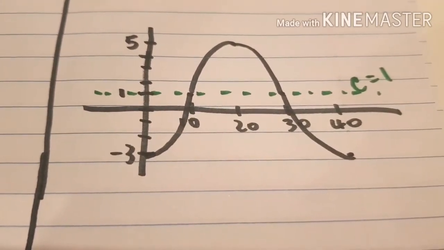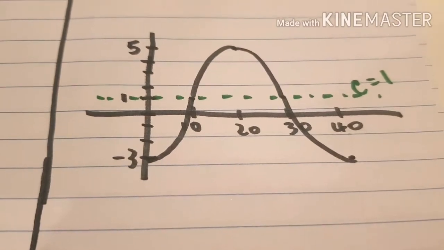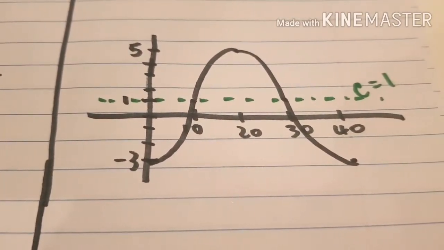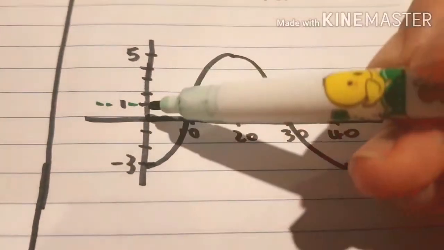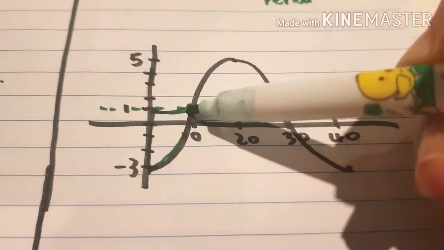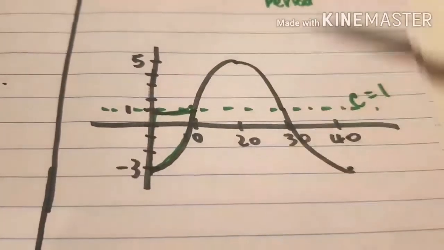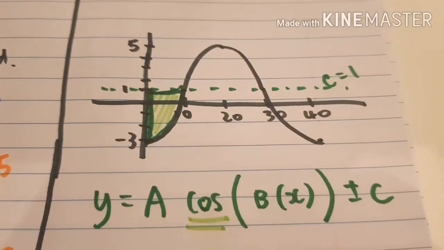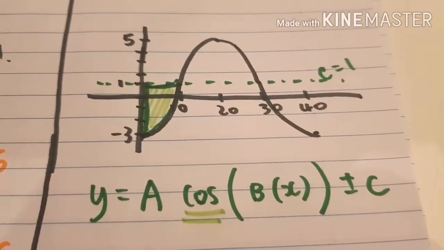Now I'm going to find out whether it's sine or cosine. So do you see a semicircle or a quarter of a circle? It's only a quarter of a circle, right? So it's a cosine. But have a look.